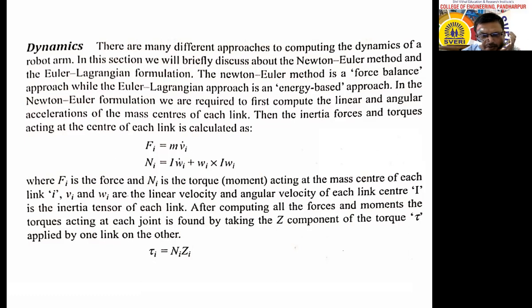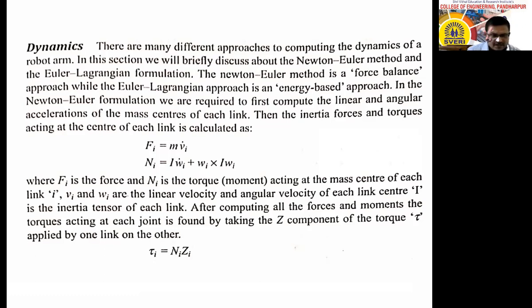In the Newton-Euler formulation, we are required to first compute the linear and angular accelerations of the mass centers of each link. Then the inertia forces and torques acting at the center of each link are calculated as Fi equals M times Vi dot, and Ni equals I times Wi dot plus Wi cross I Wi, where Fi is the force and Ni is the torque, that is the moment, acting at the mass center of each link.